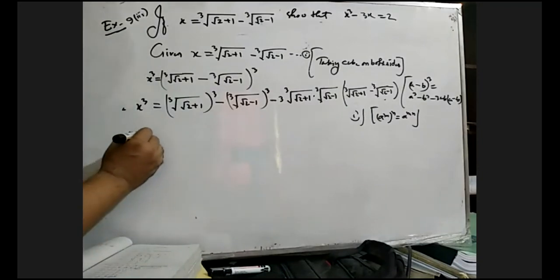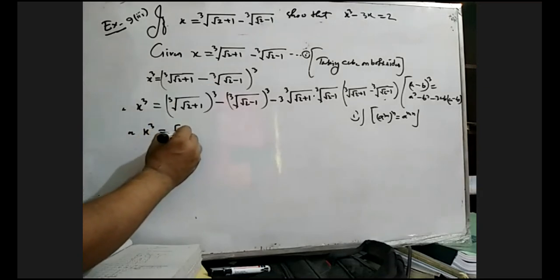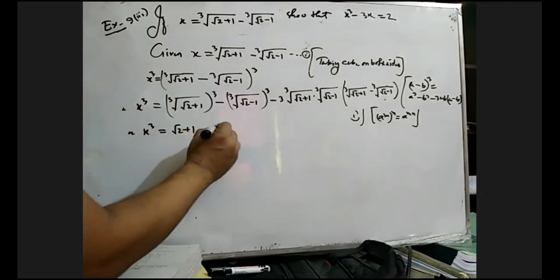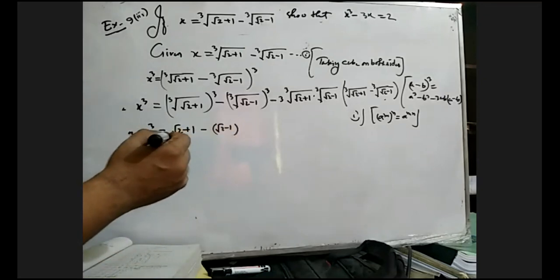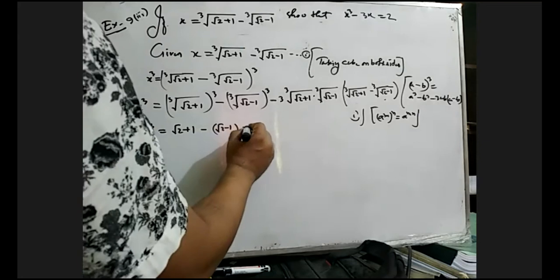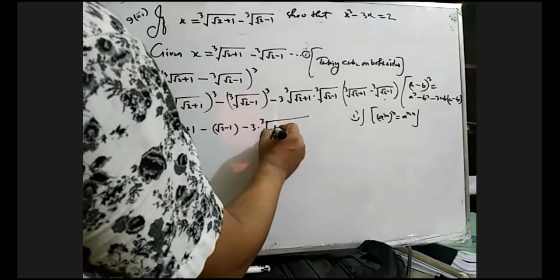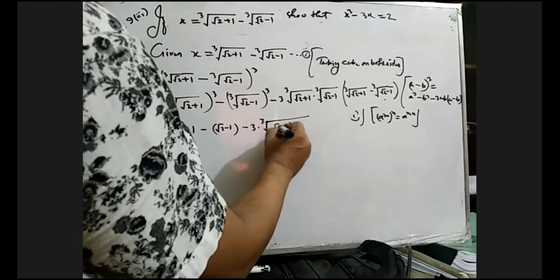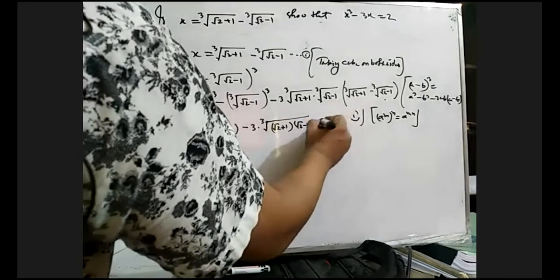So x cube, the cube root and cube will be cancelled. So we get only this one. So 3 into, only one cube root of 2 plus 1 into cube root of 2 minus 1. And this is what?